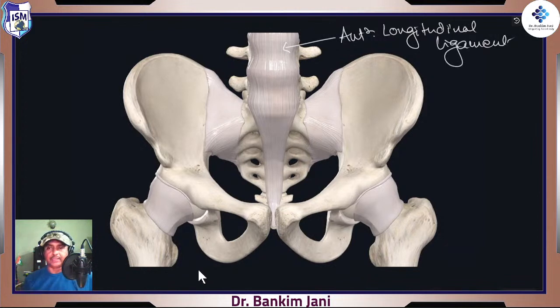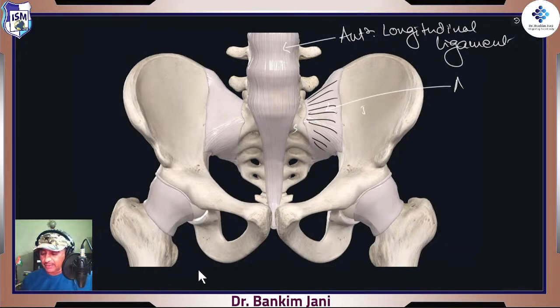Anterior longitudinal ligament, right? Then this one, let's change the color. This one, right? This is a sort of revision. Right in the beginning, we talked about it. So this is between sacrum, that's the sacrum, and this is ilium, right?